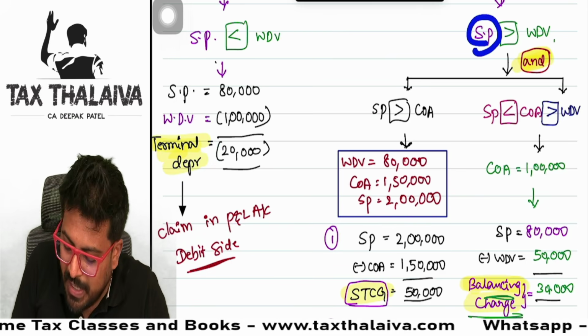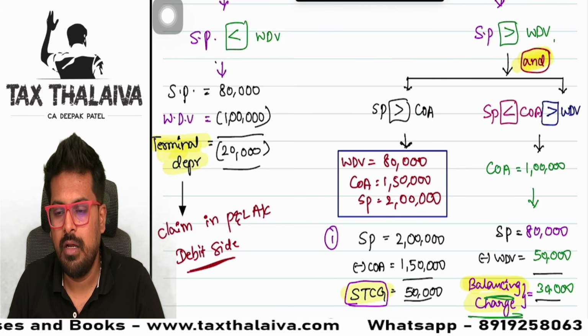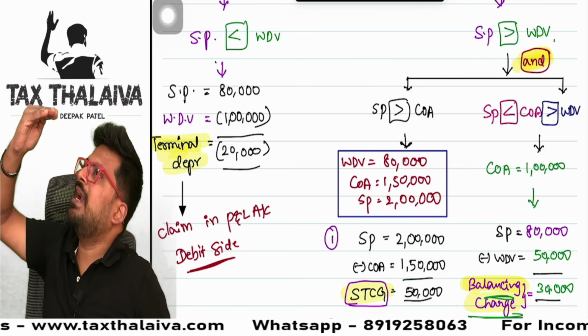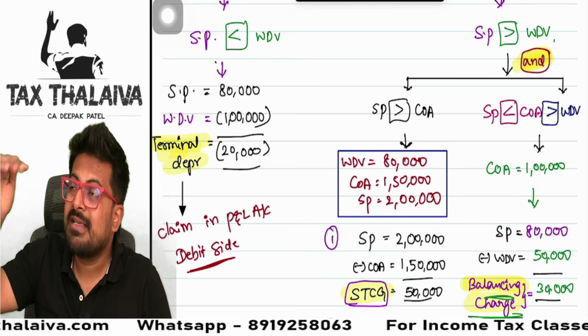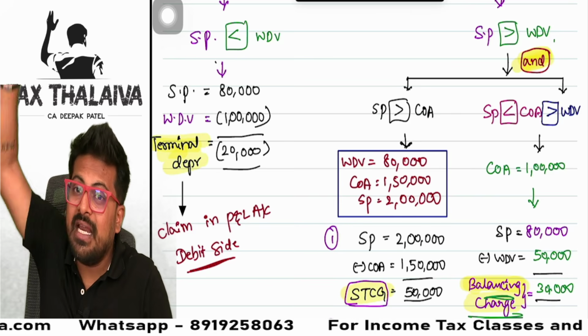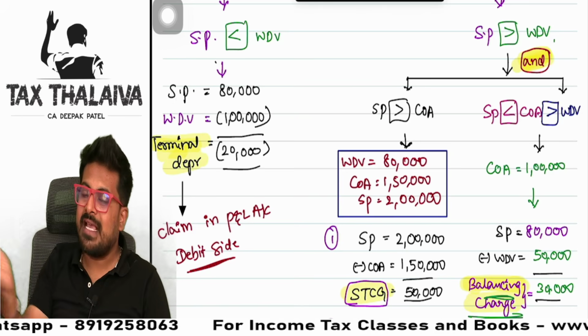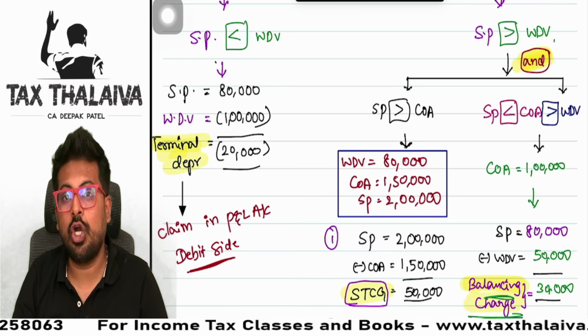But if the sale price is more than WDV, what will happen? There may be two kinds of scenarios. If the sale price is more than WDV, you have to check whether the sale price is exceeding the cost of acquisition or not. If the sale price is exceeding the cost of acquisition, you will get capital gain also, short-term capital gain.